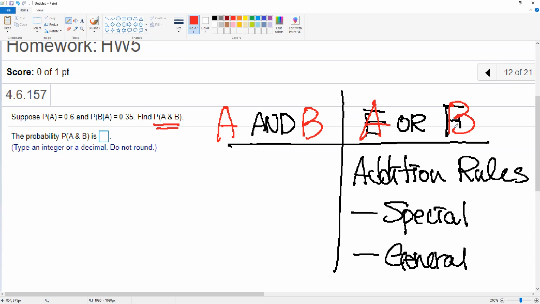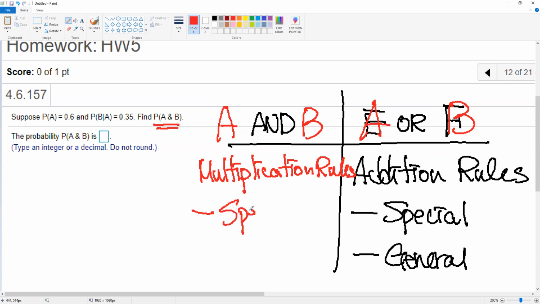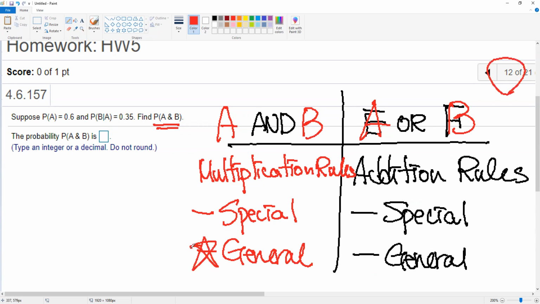For the AND, we just apply the multiplication rule. What do you expect? We are going to take the multiplication, and we have two cases: the special one and the general one. Now number 12 is the general one.